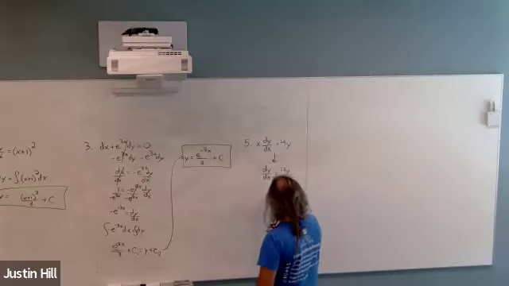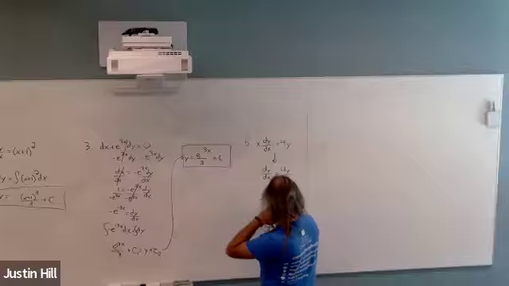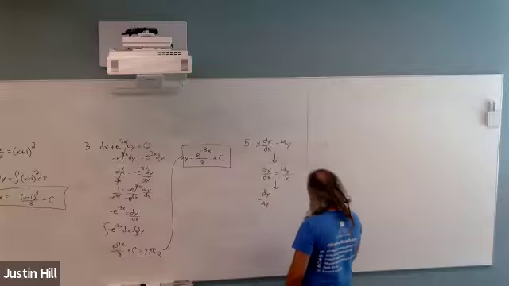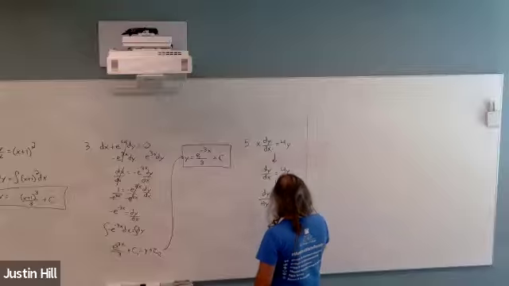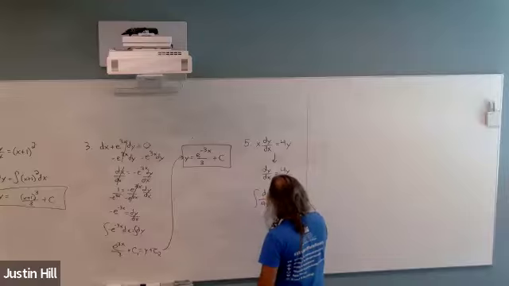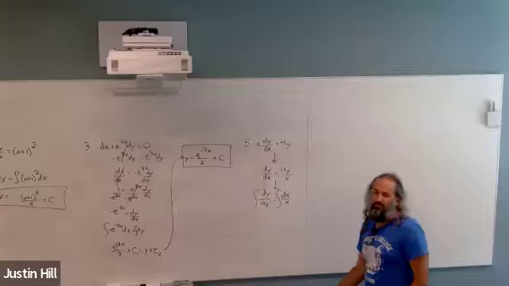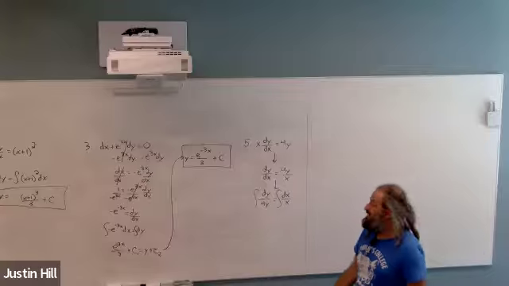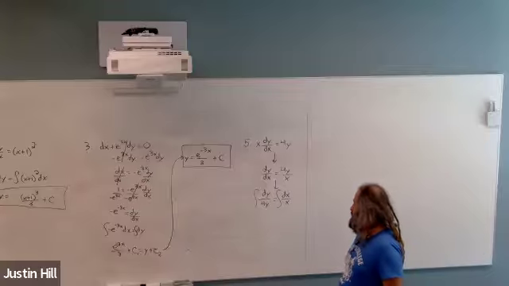It ends up being dy over 4y, or 1 over 4y dy, equals dx over x. And then I can integrate, because now I have the familiar form I need for integrals.